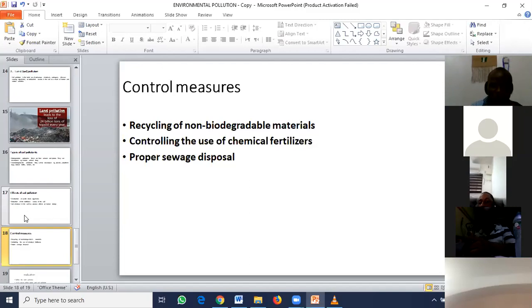Okay, now the other way is recycling them. Recycling of non-biodegradable material. Now, non-biodegradable materials, you have told me that they cannot decompose. Yes, you are right.